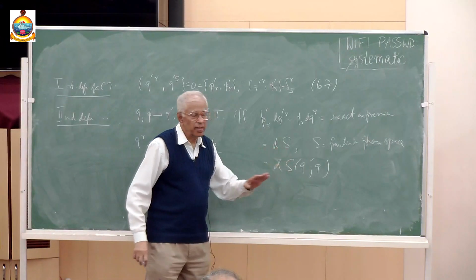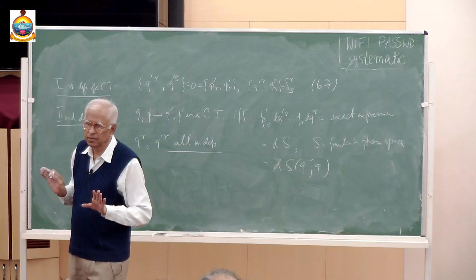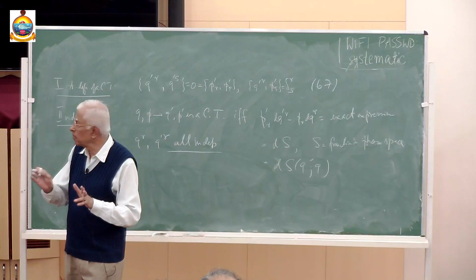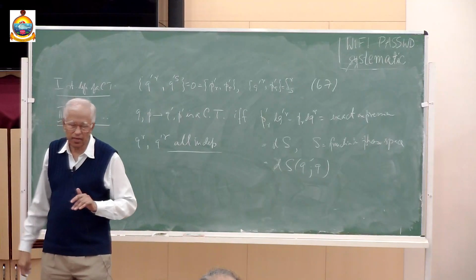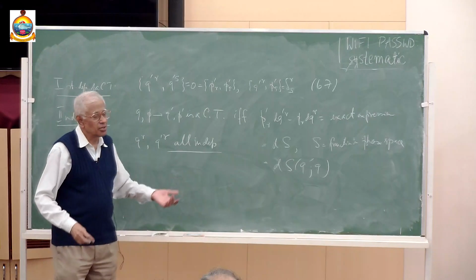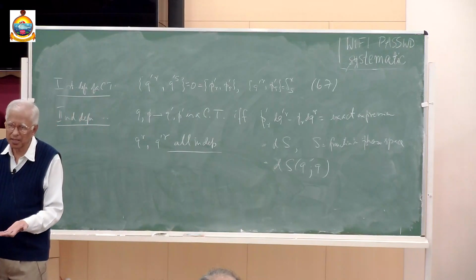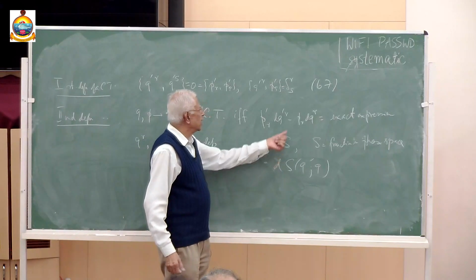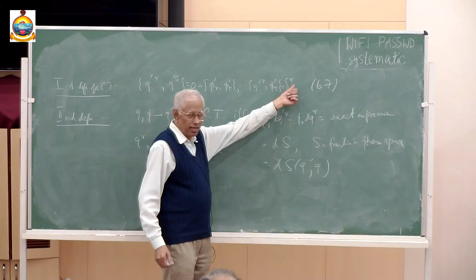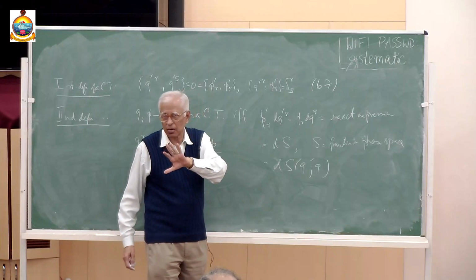So let me repeat. Writing S as a function of q, p, always possible. Always possible. Why? Because by definition q, p are a coordinate system for 2n dimensional phase space. Writing it as a function of q prime, p prime, again always possible. But such ways of writing S give back definition 1, nothing more.